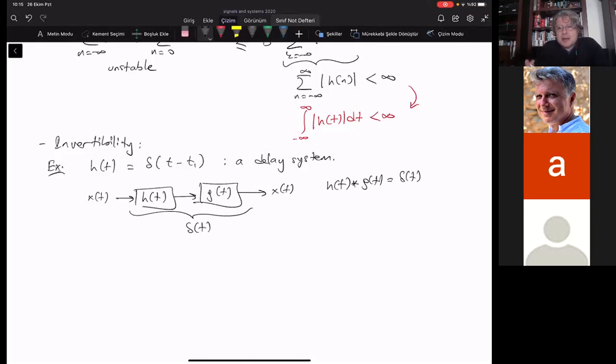So by convolving, you may try to obtain some inverse operations. And for this example, it's fairly simple because that h of t is here at t1. This is h of t.